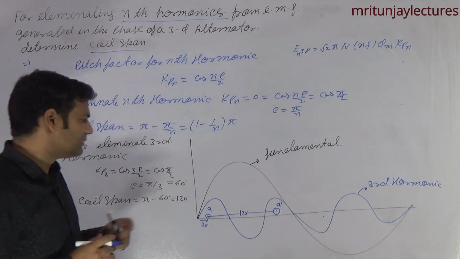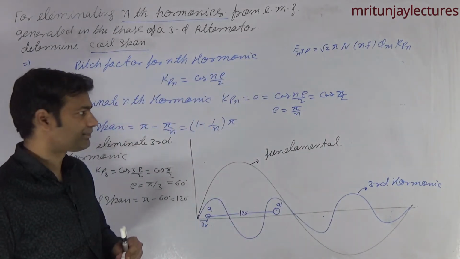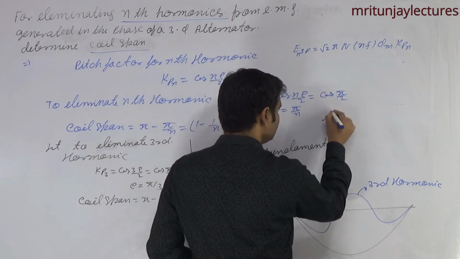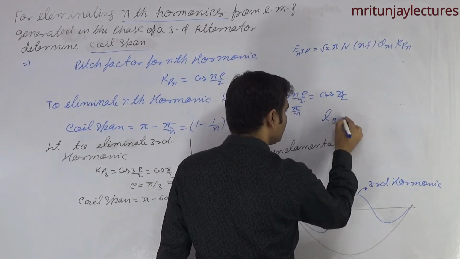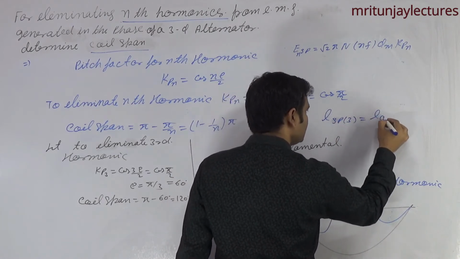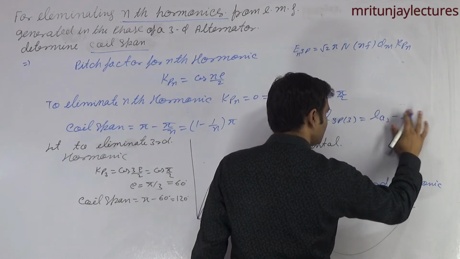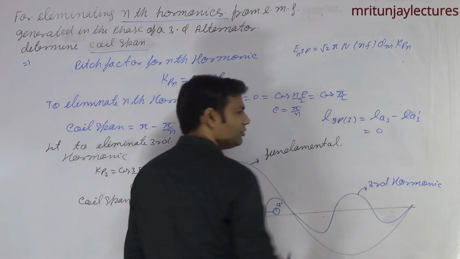What about the induced EMF in the coil span? ESP in the third, EA3 minus EA3 dash, that is 0. Why?